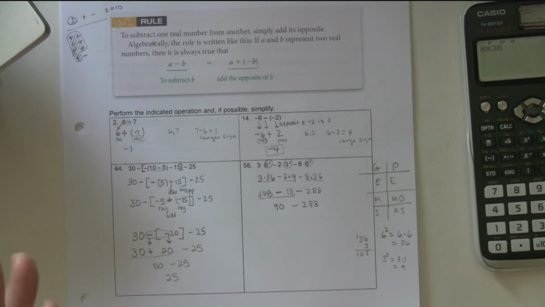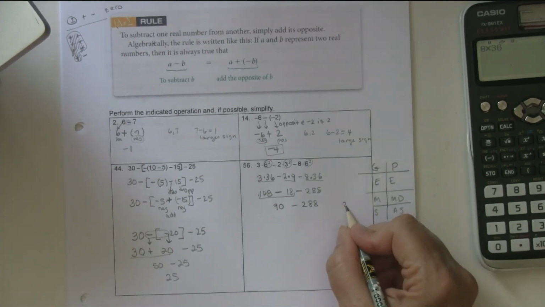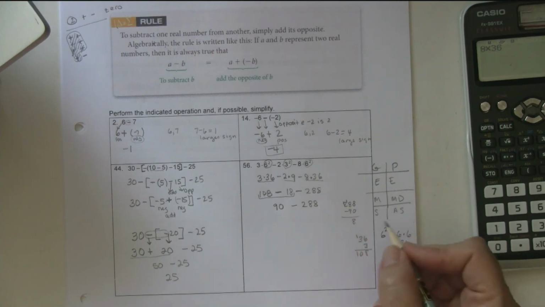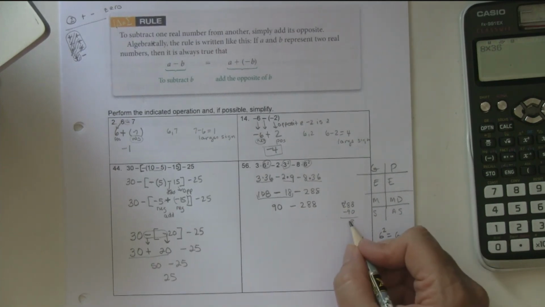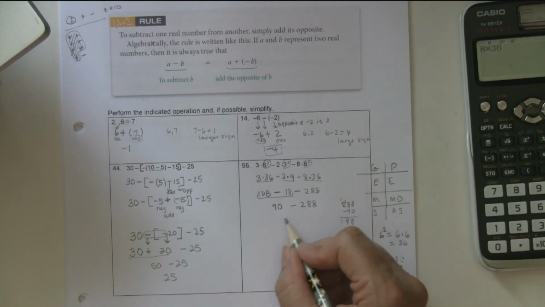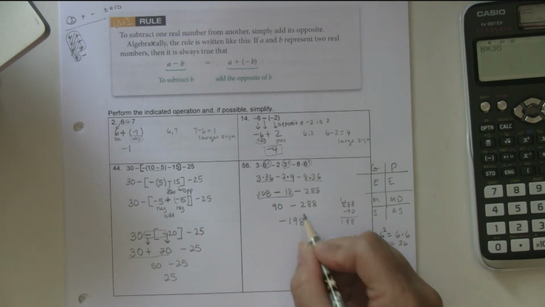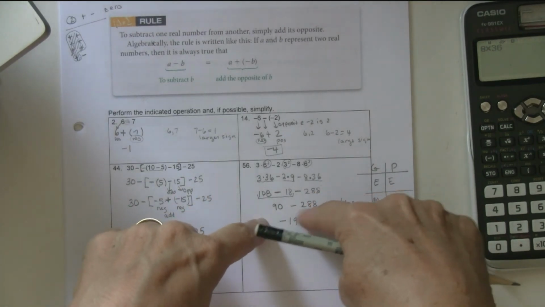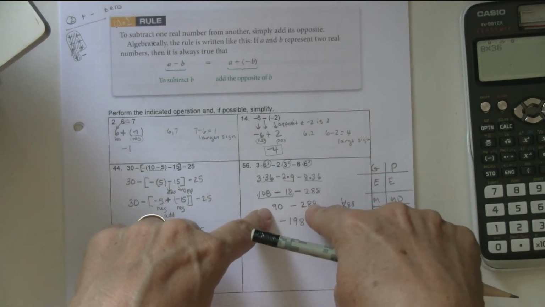And how much am I going to owe? Well, all I have to do is 288 minus 90, right? I'm going to have to borrow there if I'm doing it by hand, and I borrowed, so 198. And I'm going to owe, so negative 198. I certainly can give a try on my calculator. I was just doing the rule in my head, saying this one's positive and that one's negative.